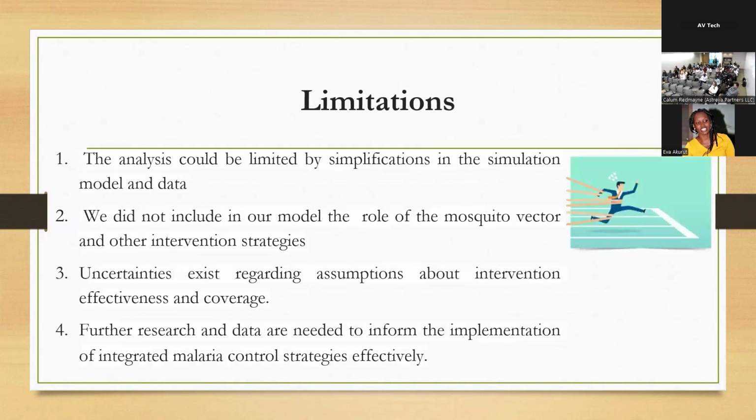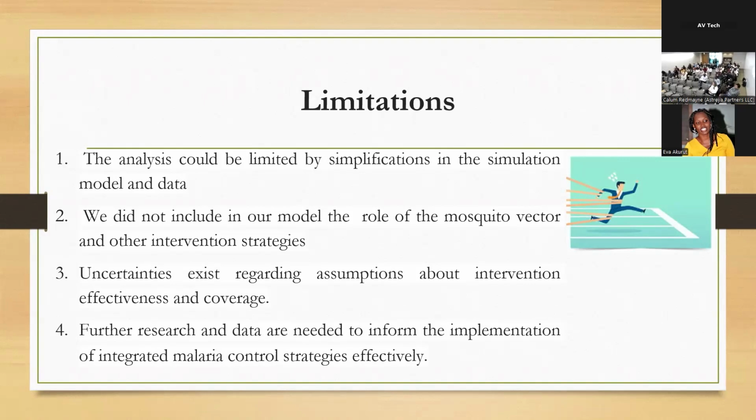So what are the limitations in our study? The analysis is limited by the simplicity of the model, as well as the data that we needed to validate using other data. Then we did not include in our model the role of the mosquito vector, which we know is what transmits the malaria.